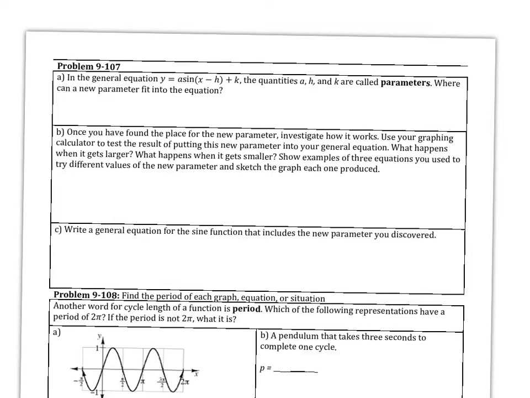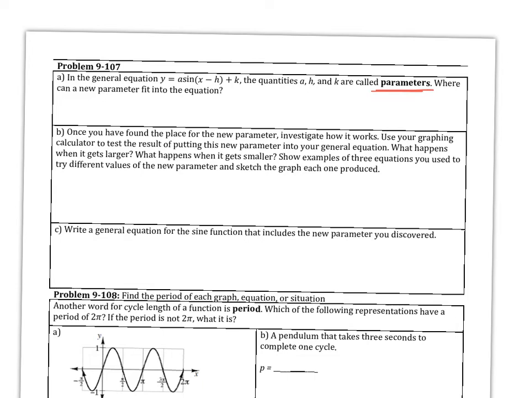Okay, so revisiting the general equation for a transformation on sine of x, we have the a out front, x minus h inside, and the plus k. Those values, a, h, and k, are called parameters, and we discussed this a little bit with our other parent functions when we talked about changing those values.